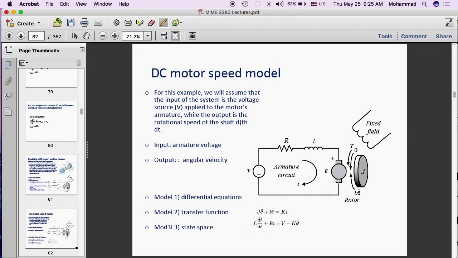Law of generators tells you the amount of voltage E that you create is equal to the strength of magnetic field B, the length of the conductor L, and velocity of travel of the conductor.